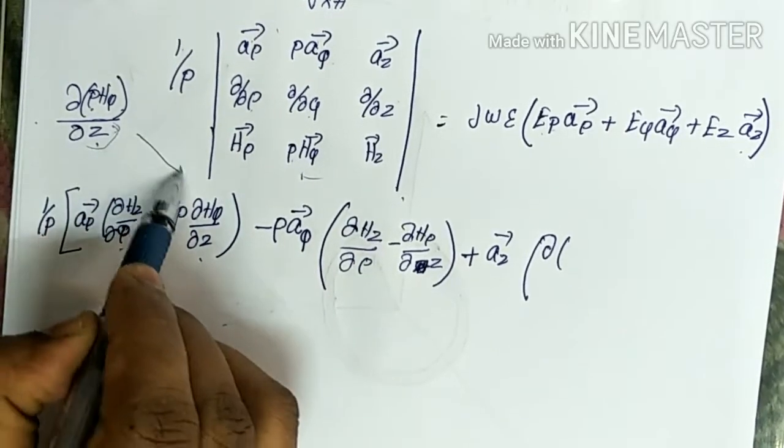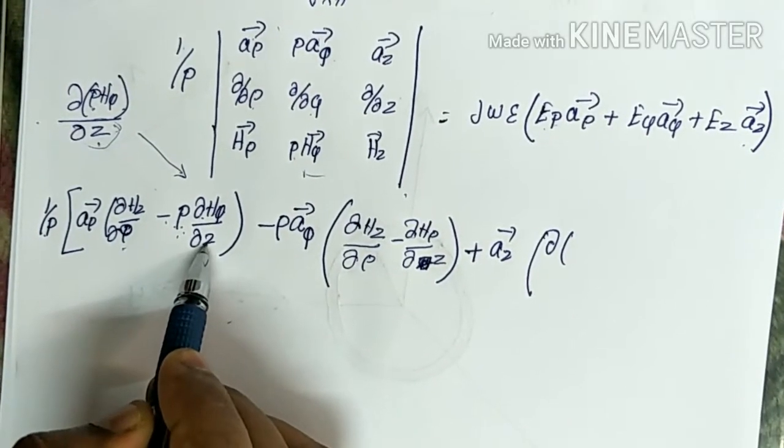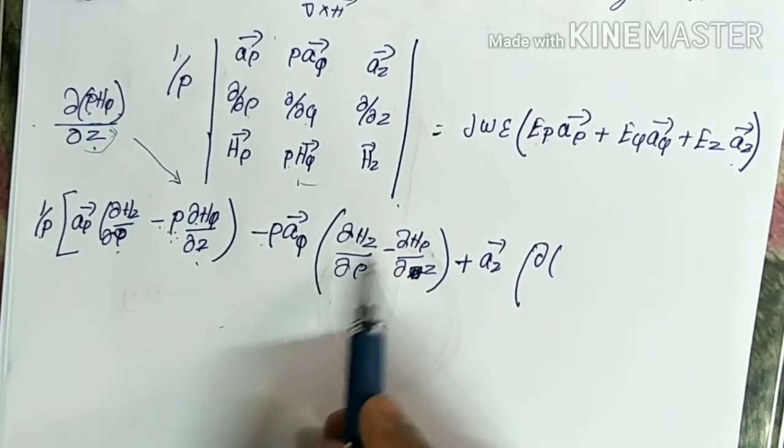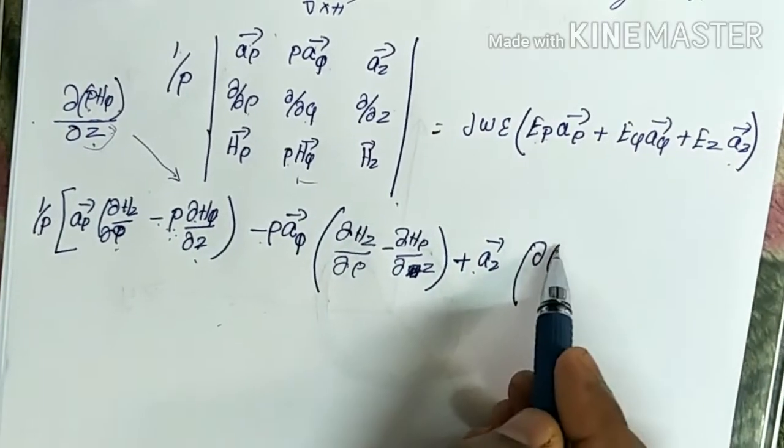So that's why rho will come outside, rho dou H phi by dou Z, plus Az vector into this value.